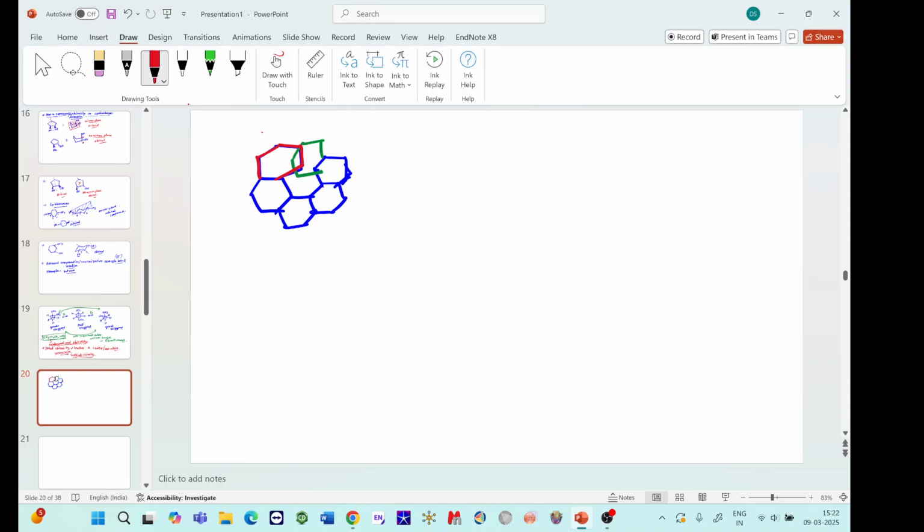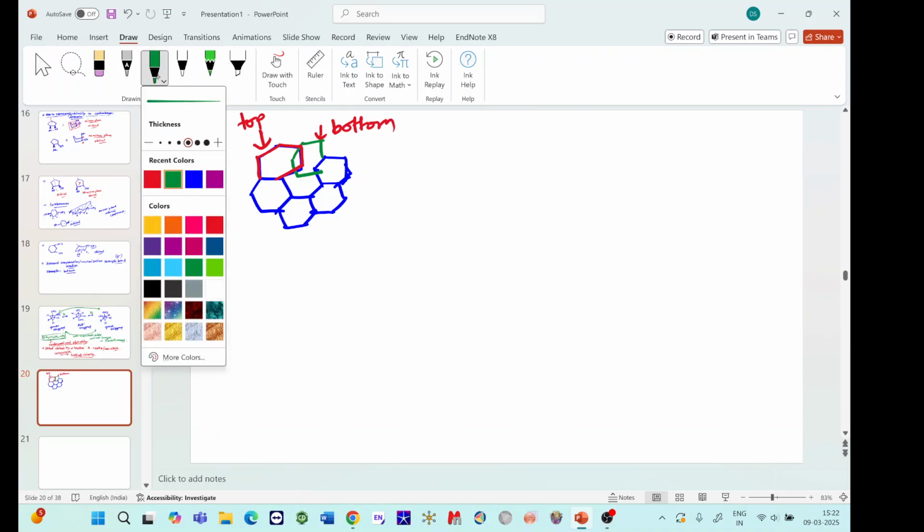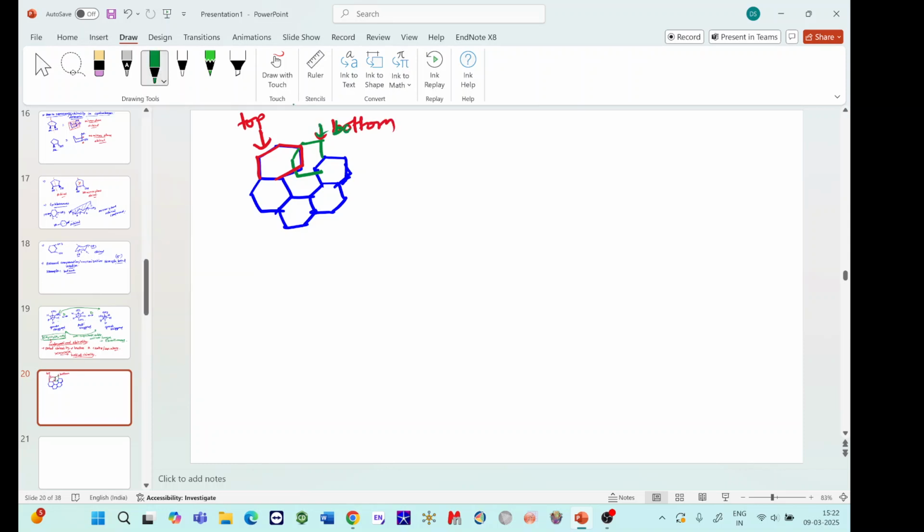So one of these phenyl rings stays on the top, this one stays on the bottom. Let me write with another color. Stays at the bottom. So these are called conformational chirality. Okay, we understand, right?